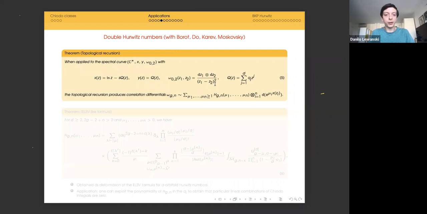And also you can do double Hurwitz numbers, meaning that you take now x equal to log z as before, but now you have minus Q of z, which is a certain polynomial in z. So Q of z is equal to the sum of these formal parameters Q_j times z^j.